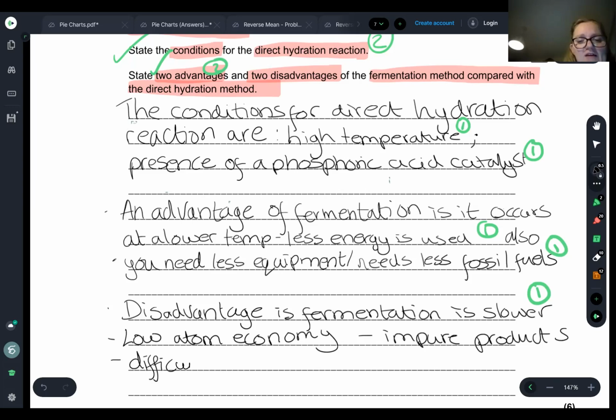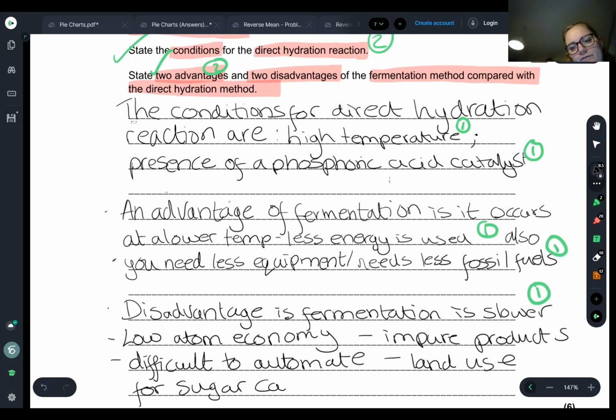So it's more people intense, it will take longer, cost more. Difficult to automate. And then the last one is obviously the land use of sugarcane. And that would obviously give you the last 2.